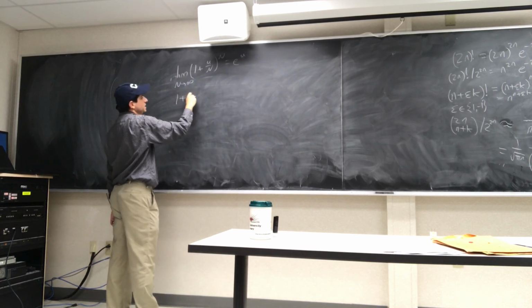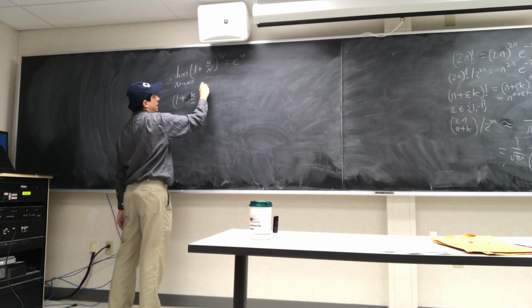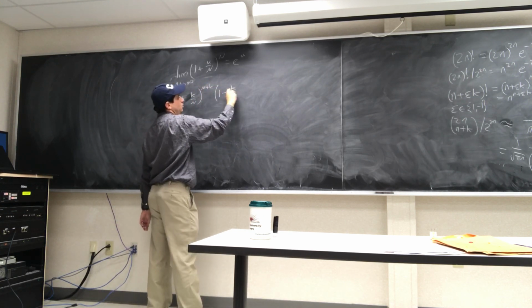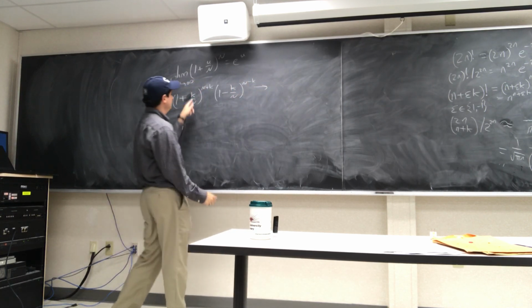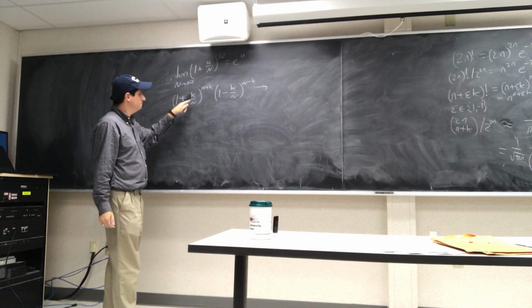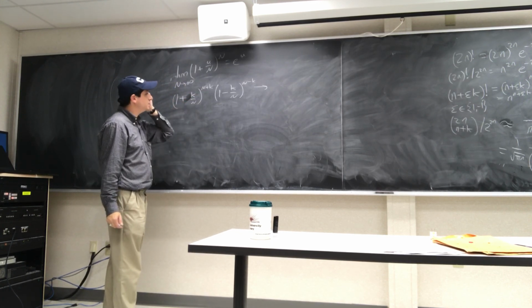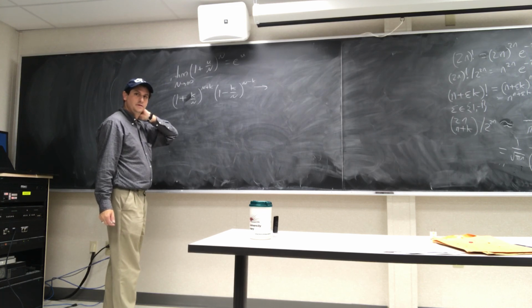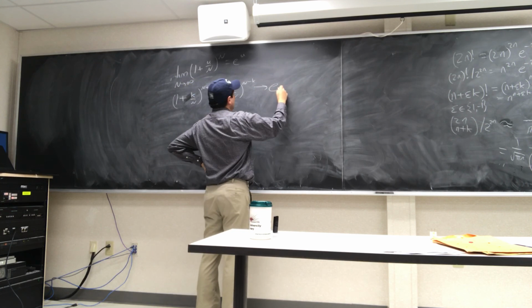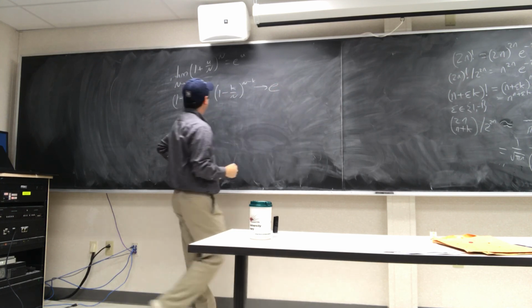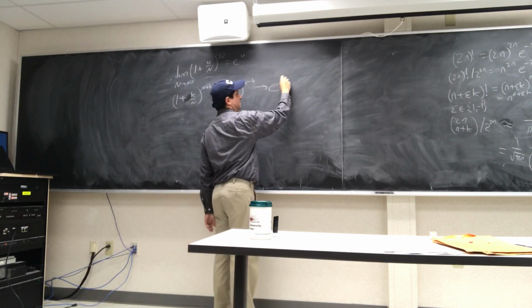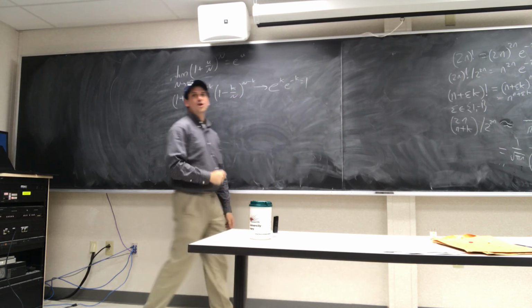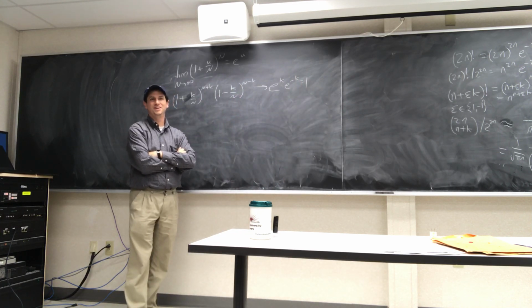So we want to say (1 + k/n)^(n+k) times (1 - k/n)^(n-k): this factor goes to e^k, and this factor goes to e^(-k). What does e^k times e^(-k) go to? 1. All right, I should not be getting a probability of 1 uniformly. Where did we go wrong?